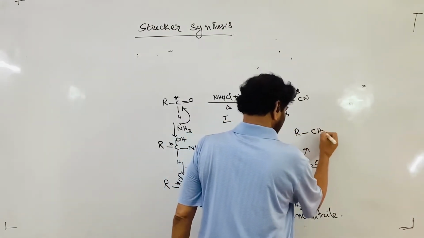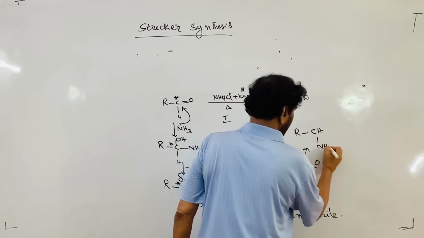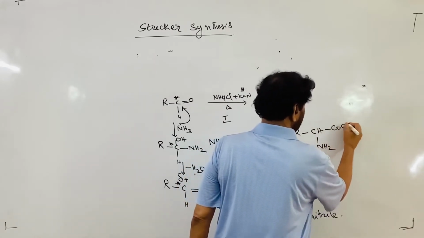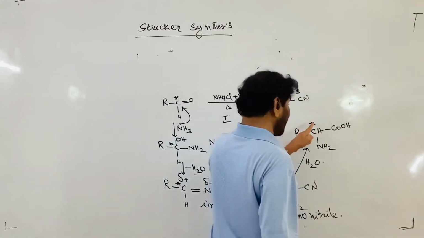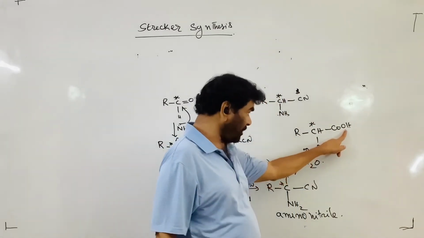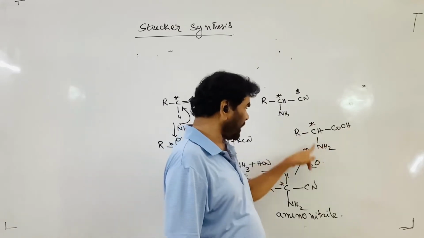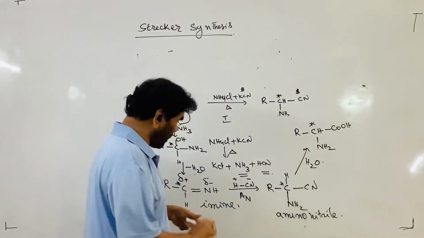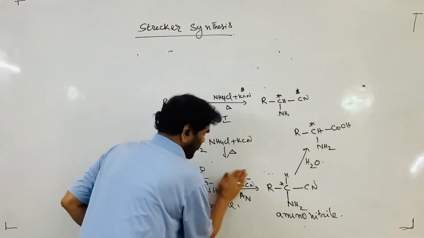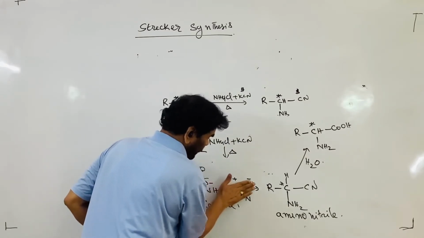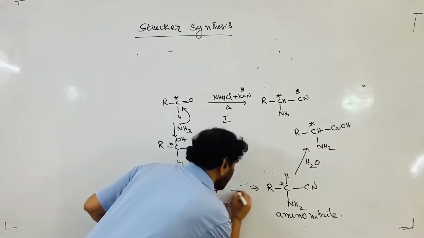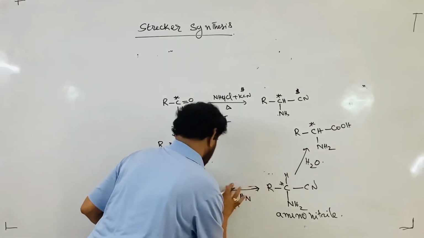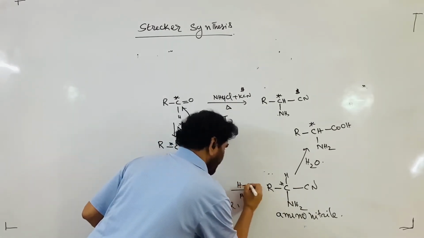That is CH, NH2, COOH is the product of the reaction. This is your aldehyde carbon. This is from cyanide. This is NH2. This is the scheme of reaction. Let me remove this to avoid the confusion from the middle of the equation. HCl is added.